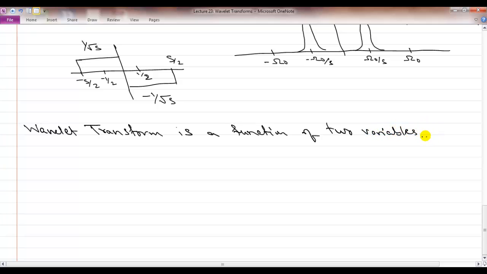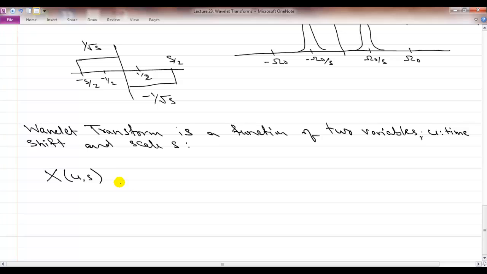One variable is u, which is time shift, and the other is scale s. I'm going to write that as capital X of u, s.